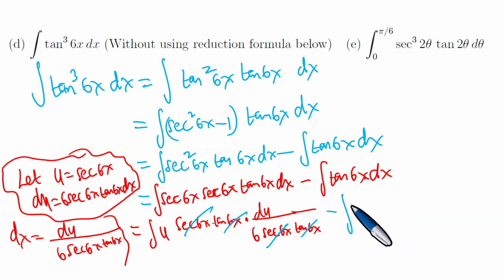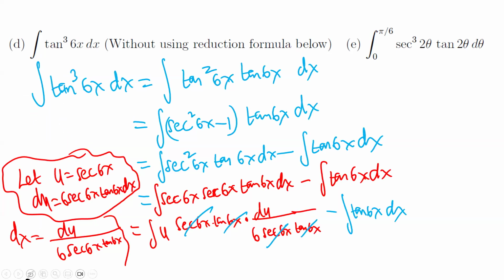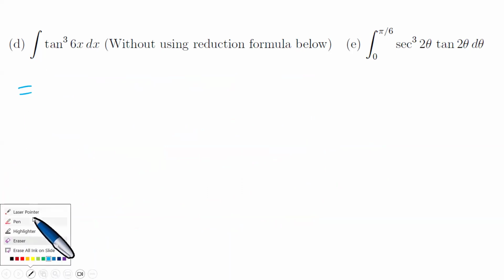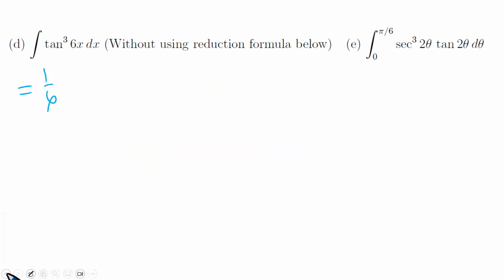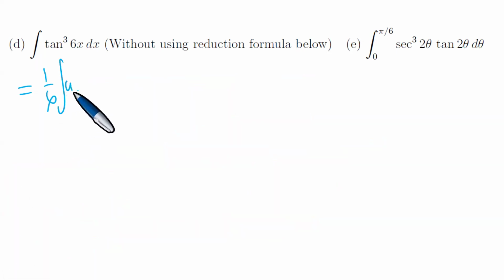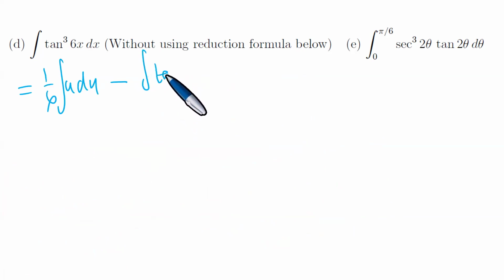And then now you have the integral of 1 over 6 u du minus the integral of the tangent of 6x dx. So this is 1 over 6.